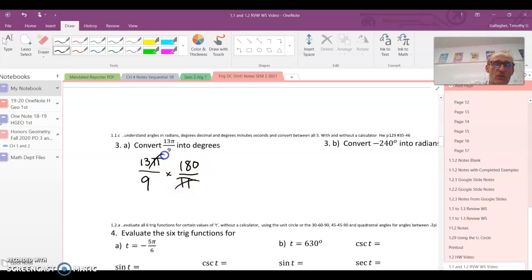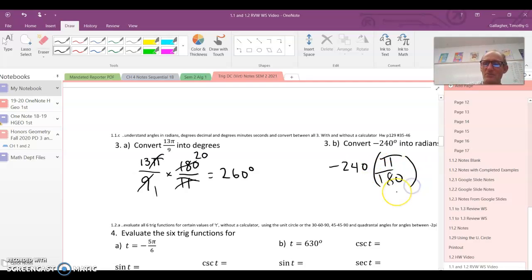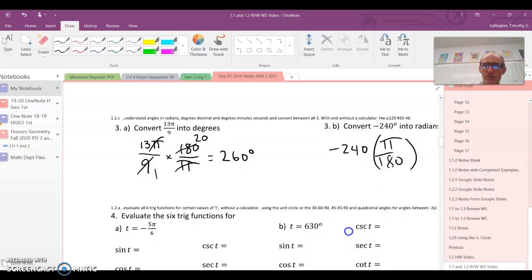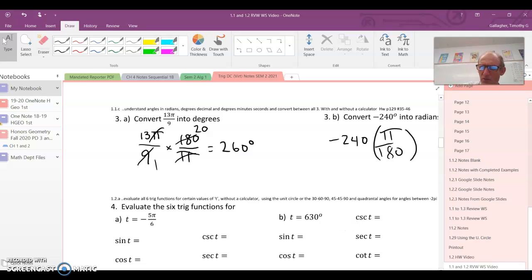The pi's cancel, and the numbers cancel, and you end up with 260 degrees, I believe. To convert to radians, you have to multiply by pi over 180. That's what you have to do for that, and you can check the answer key for that.